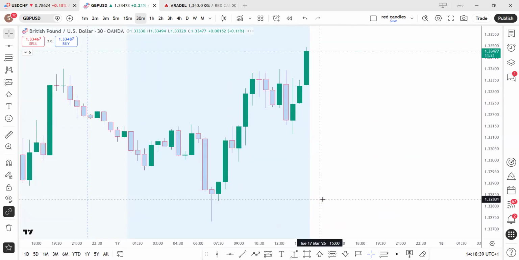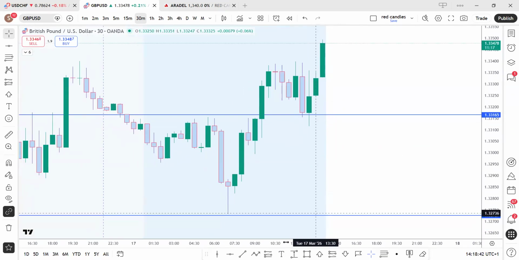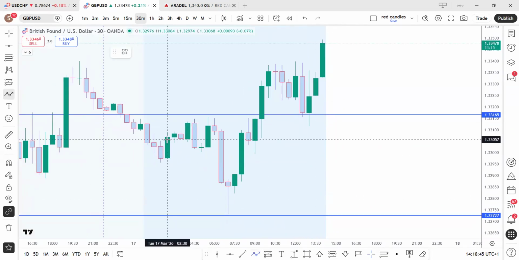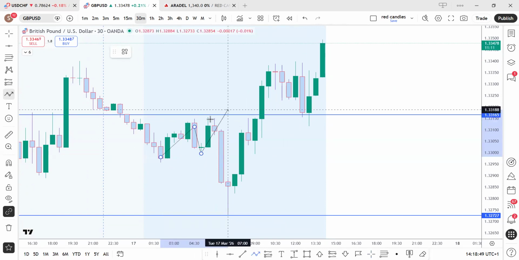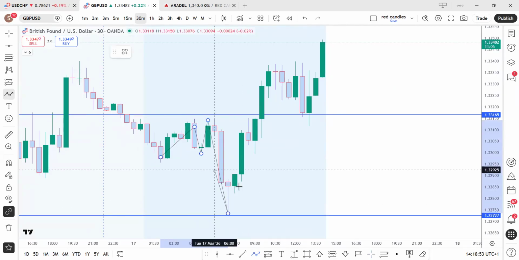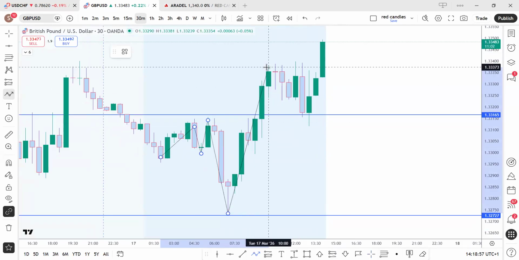Okay, let's look at Pound USD. This one too has some nice things happening. I'll just start from here. It moved up, moved all the way down, and gave you a nice rejection candle down there, right? If you are here during the London session, it went all the way up.